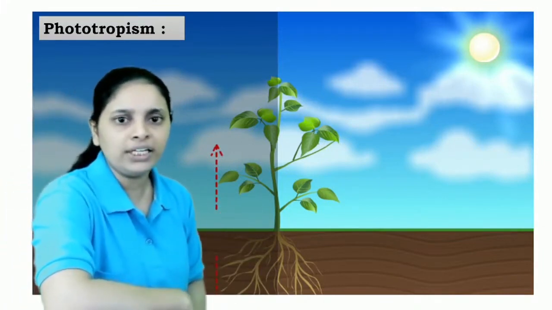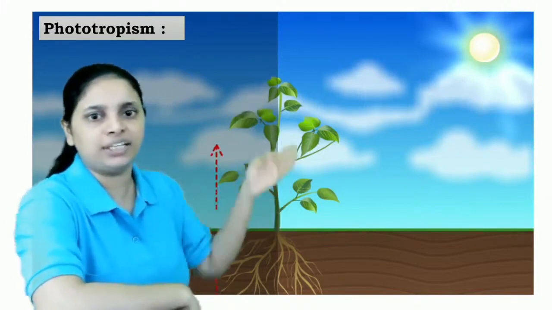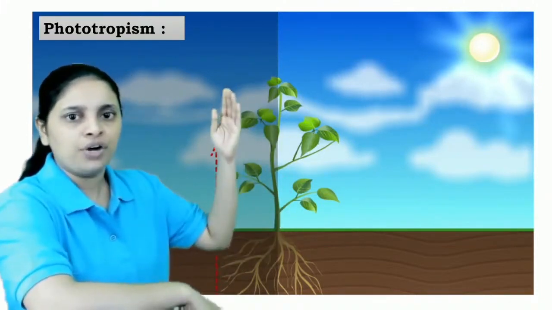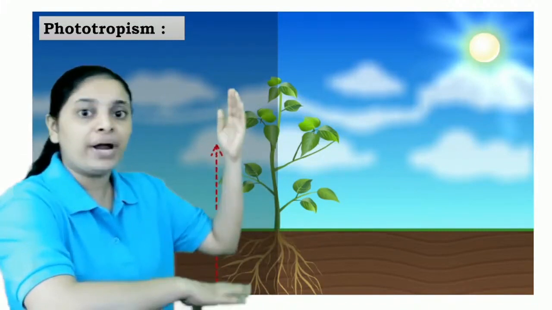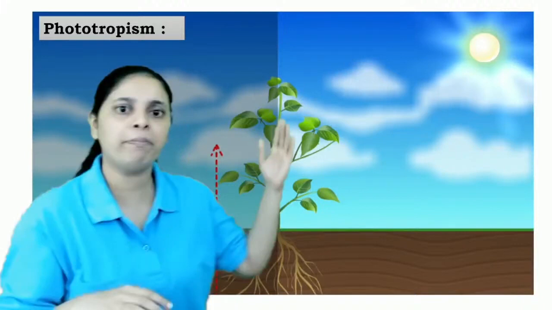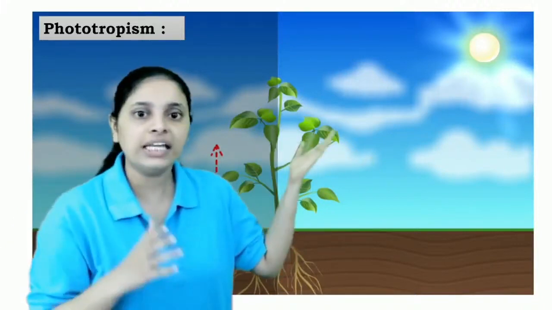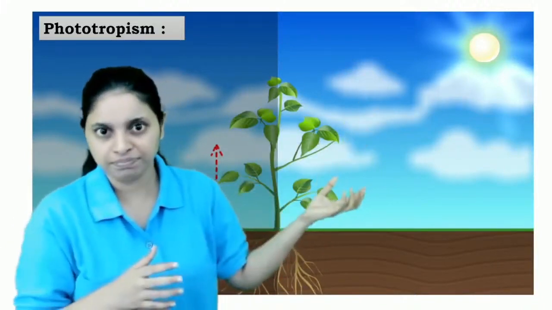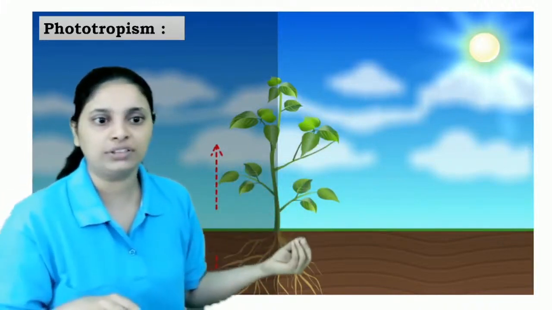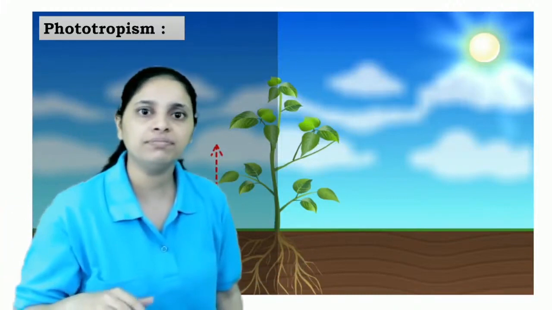Slowly this shoot system, that is the stem, branches, leaves, will bend towards sunlight. सही है? This plant will bend towards sunlight so that leaves will be exposed to the sunlight and more light can be absorbed for photosynthesis. Is it clear everyone?